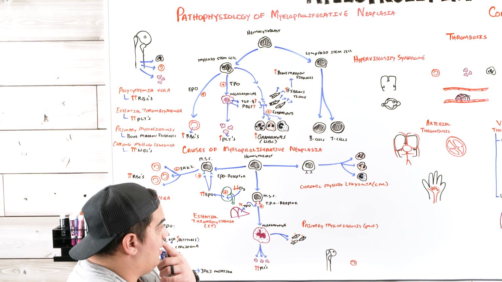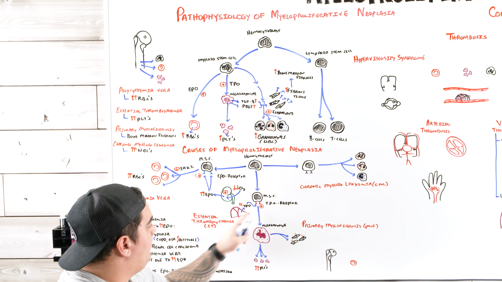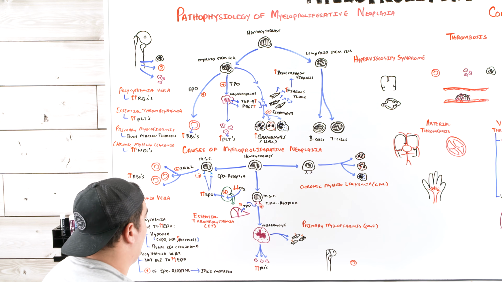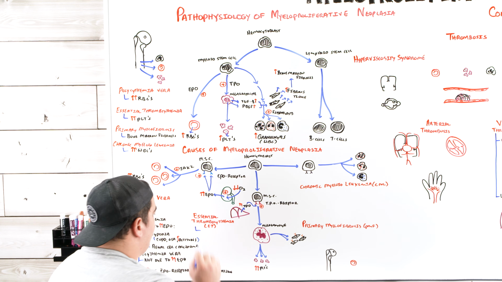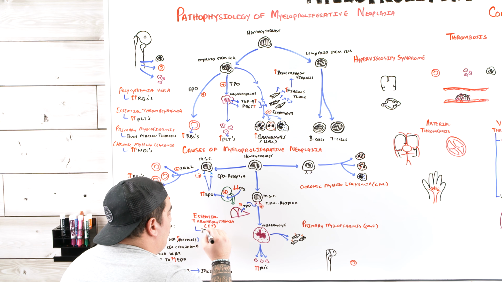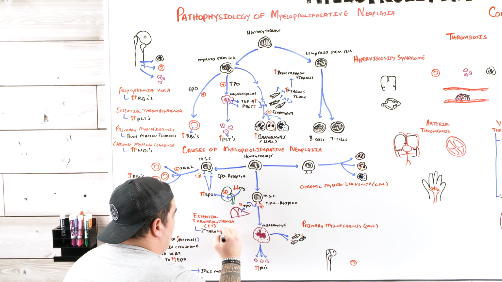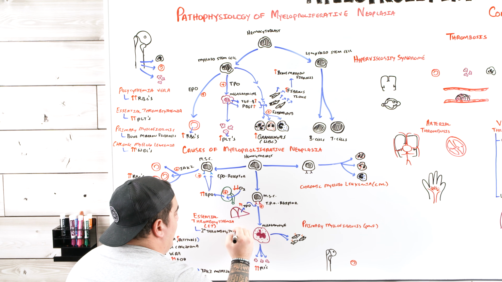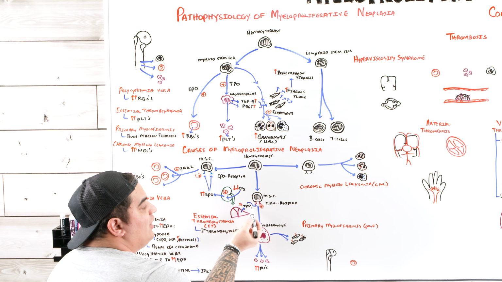The question that you have to ask yourself is, what's causing the high TPO? And so this is, again, another scenario here. Is it secondary thrombocytosis? Is there an increase in the platelets due to increased TPO?